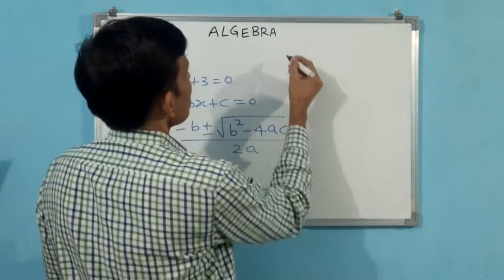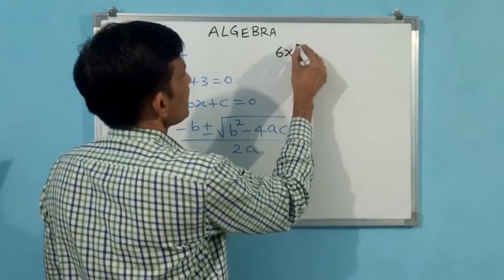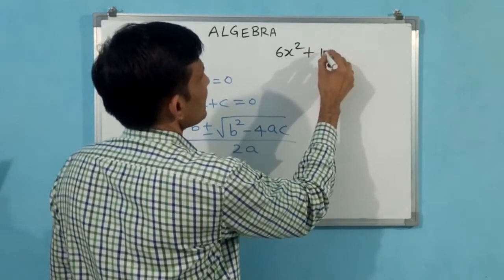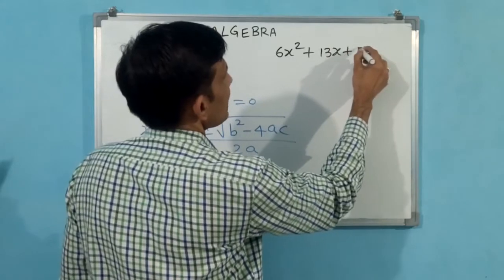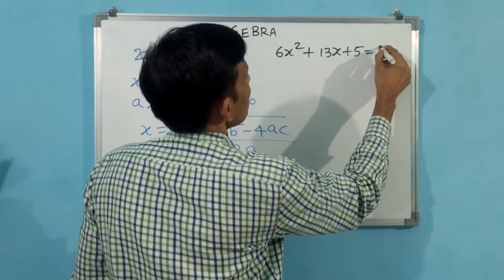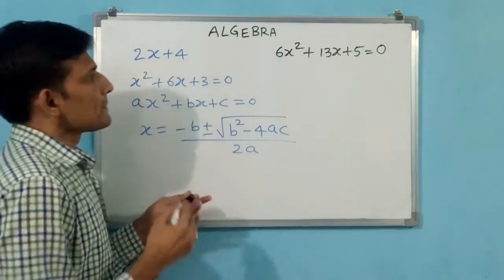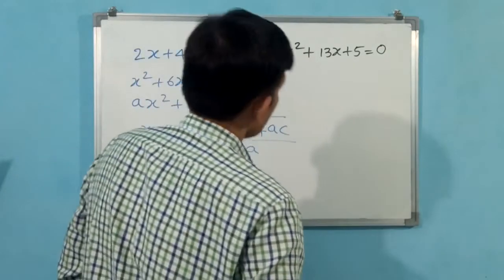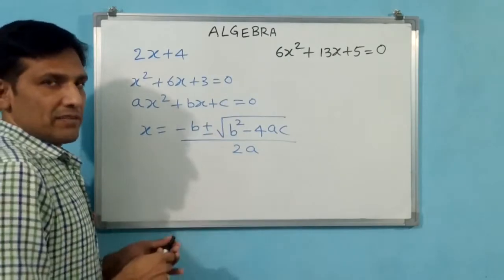Okay, we take one equation, 6x square plus 13x plus 5 is equal to 0. Okay, this is a quadratic equation.